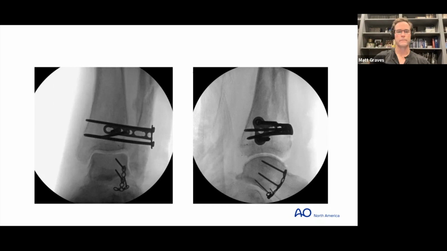I'm curious as to both of your guys' opinion with regards to that 2-hole or 3-hole 1/3 tubular plate that a lot of people use when they're fixing a syndesmosis. I struggle sometimes understanding what the value is with that, unless it's really osteoporotic.